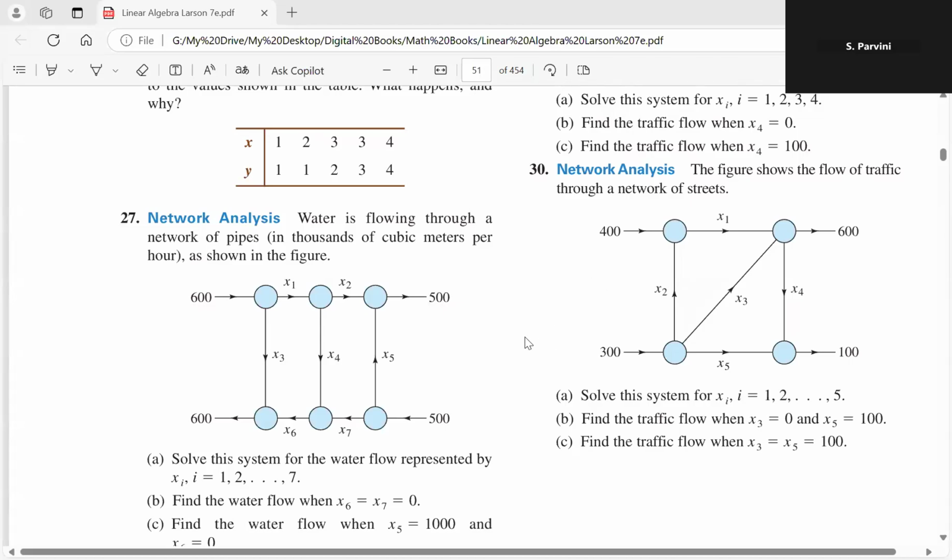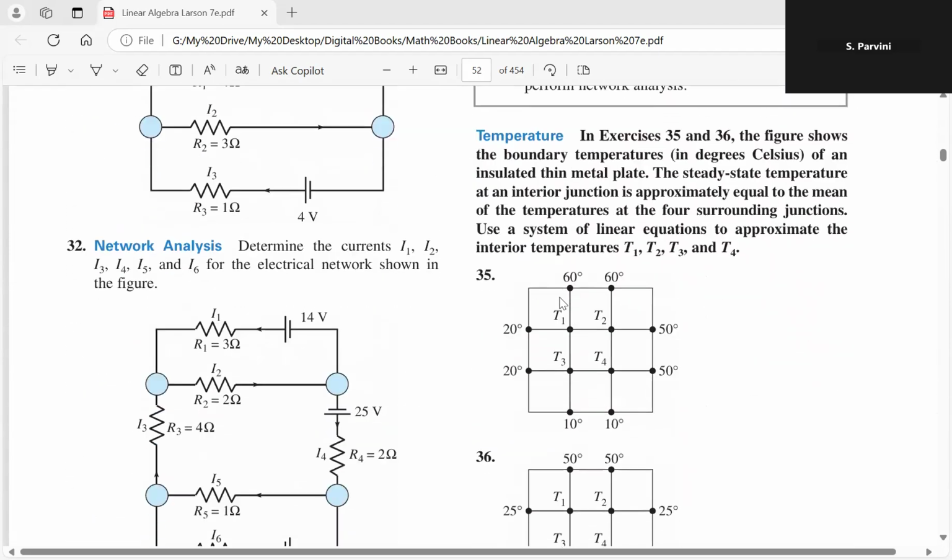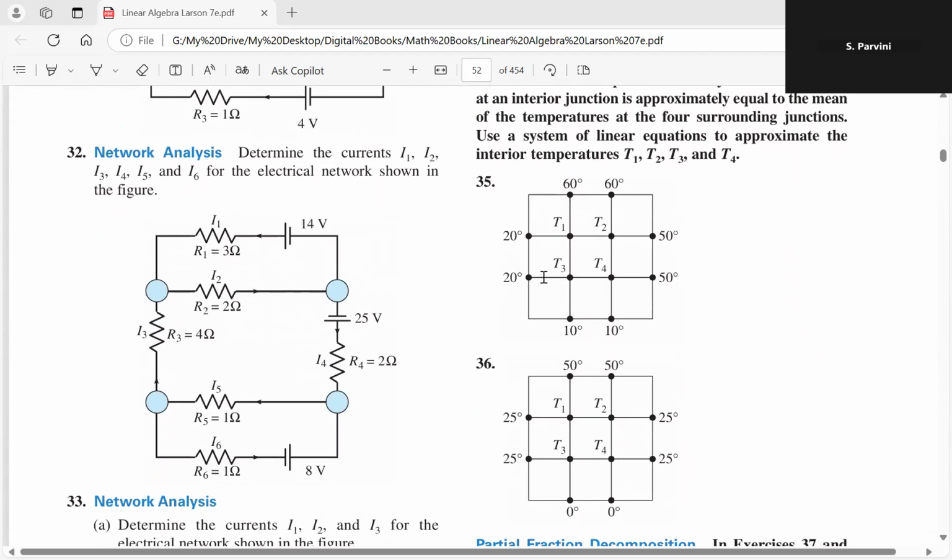We just finished number 30, right? That's the one we just did. Now, let's take a look at, how about number 32? In number 32, this is now again network analysis. The question, determine the currents I1 through I6, right?